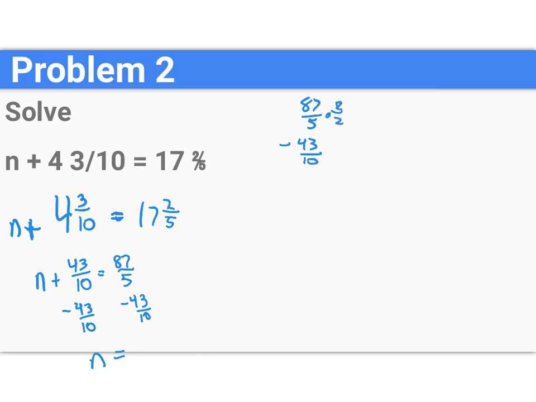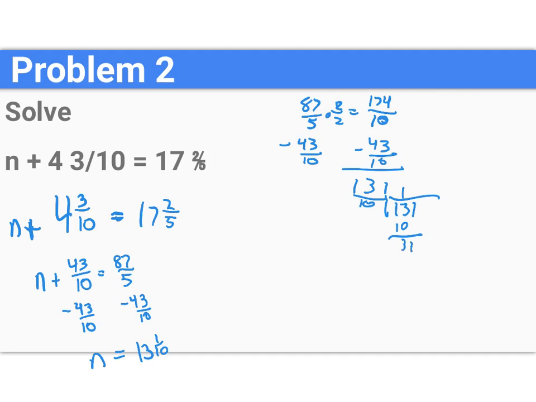We got to multiply by 2 over 2 to make the bottoms the same. 174 over 10 minus 43 over 10 gives us 131 over 10. 10 goes into 131 13 times, and 1/10 left over. Okay, there you go.